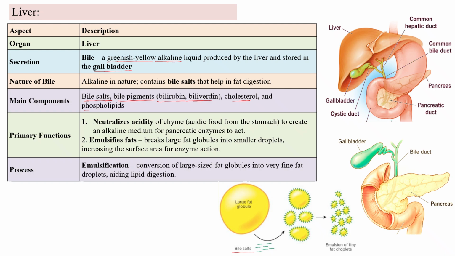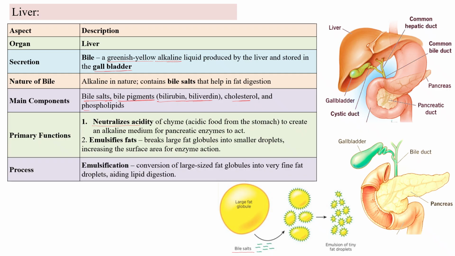Now what is the primary function of bile? It neutralizes acidity. Acidity, I told you about chyme, that through the mechanical pressure, the food is churned in the stomach, forming semi-solid chyme. And since HCl is released in the stomach, the chyme is acidic in nature.